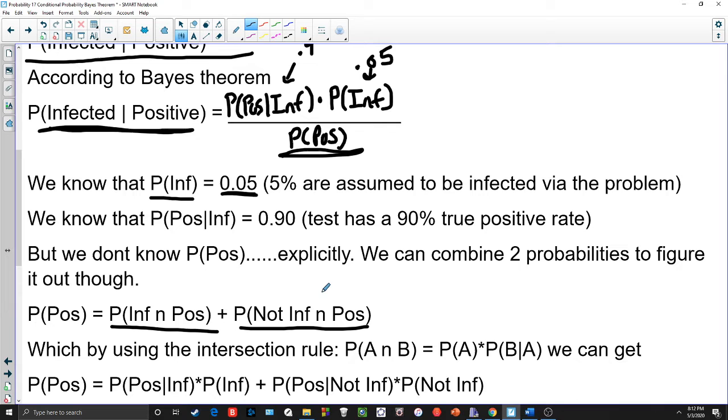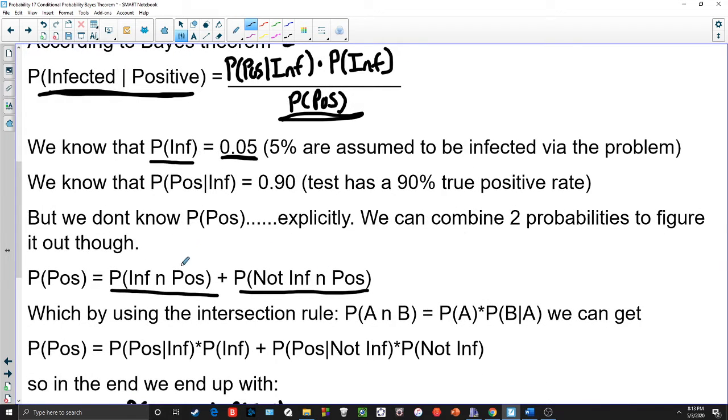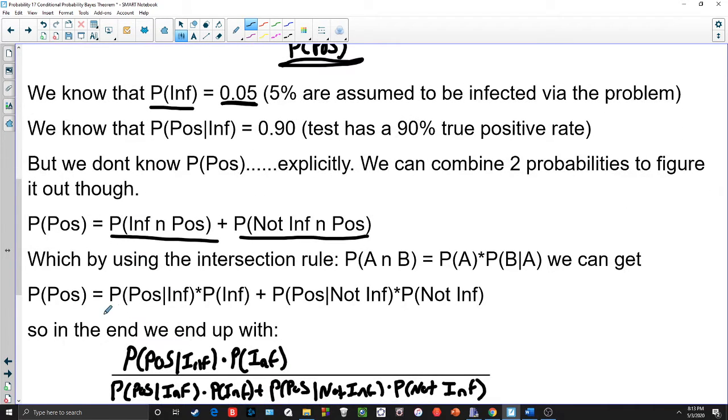Those two probabilities combined are my overall chance of testing positive. So I take the chance that I get a true positive plus the chance that I get a false positive, and that's the chance of me testing positive in general. Now, we don't necessarily know each of these explicitly, so again, we break these down. The chance that I test positive and am infected is this probability right here.